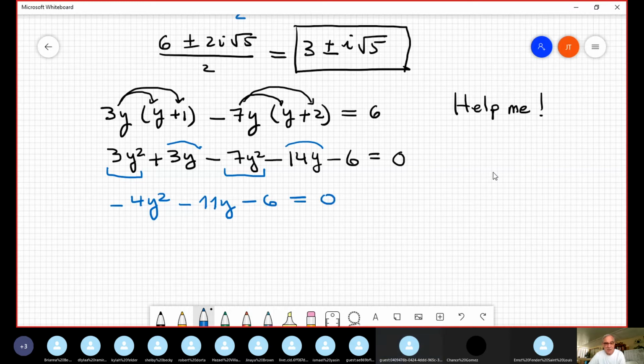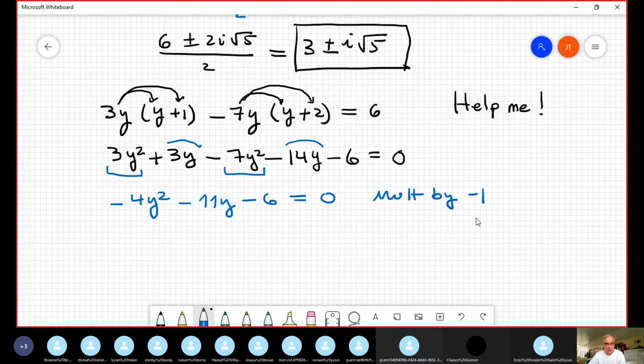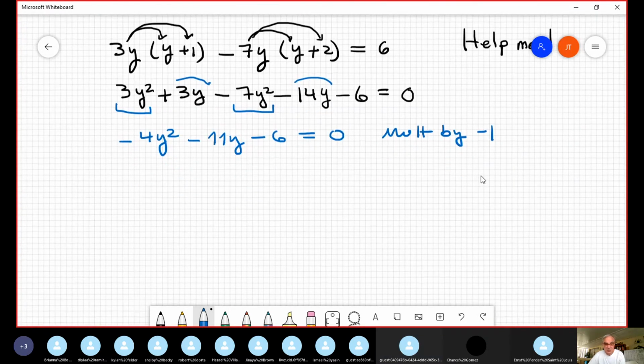Wow, I don't like this equation. Too many negatives, but I can change that, right? If you multiply the entire equation by negative 1, because I want to change the sign. This is perfectly legal in algebra. I don't like the negative guy; I like the positive guy. So I change the sign, plus, and negative 1 times 0 is 0.